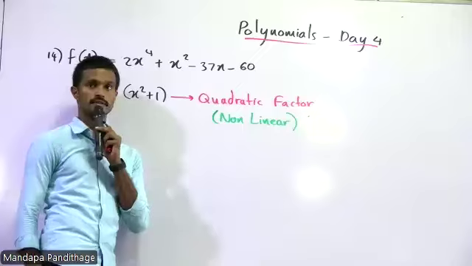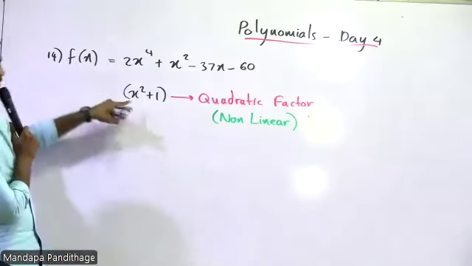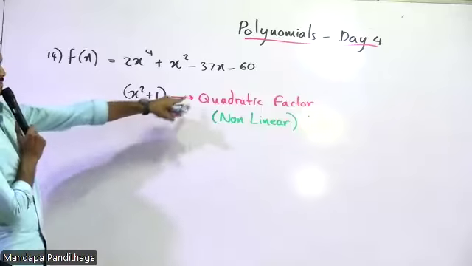Okay. So here we got x squared plus 1 which is a quadratic.